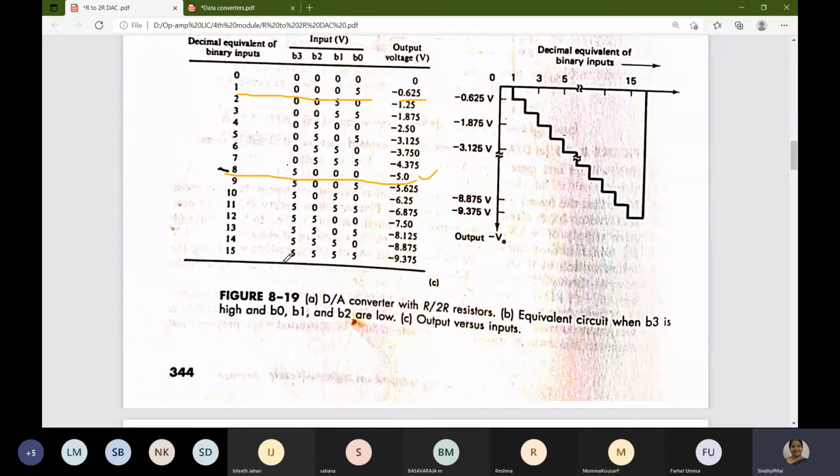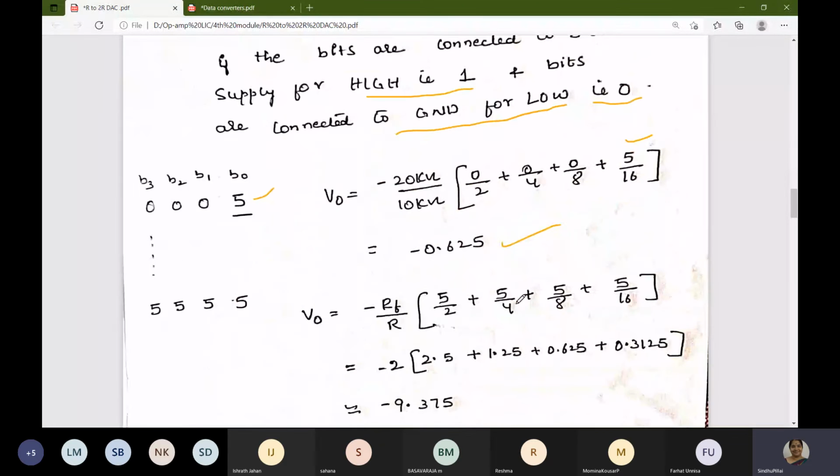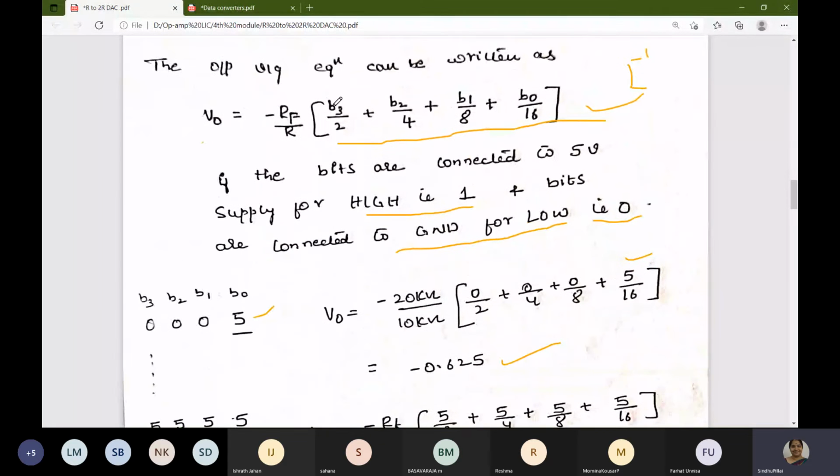Now you can assume all the bits are connected to plus 5 volts. That means all the bits are high, all are 1: 5, 5, 5, 5. So when you substitute, when all are high, B3 is high, B2, B1, B0. Just write 5 by 2 plus 5 by 4 plus 5 by 8 plus 5 by 16. Here 5 represents digital 1, it is logic high.